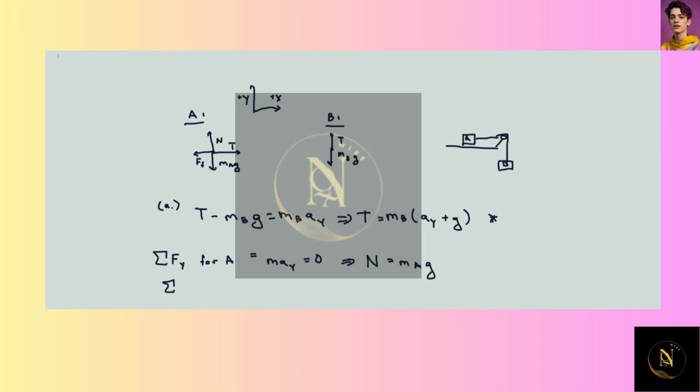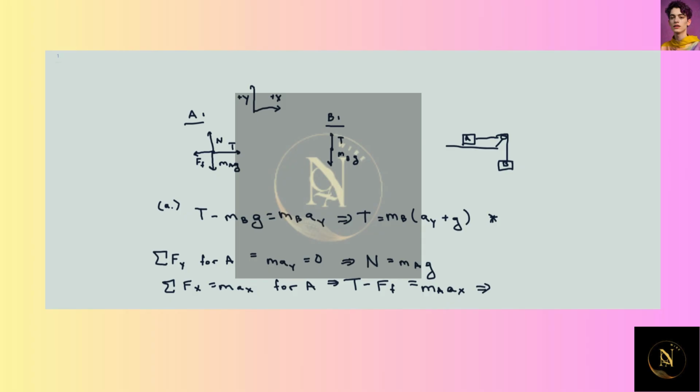Now, the sum of the forces in the x direction is equal to mass times acceleration in the x direction. I'm going to do this for A again. So for A, we've got tension moving to the right, force of friction moving to the left, and this is equal to mass times acceleration.